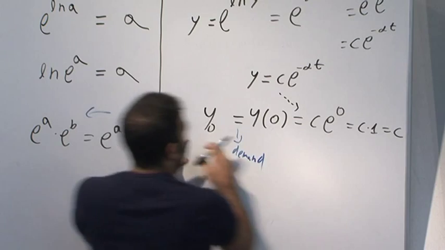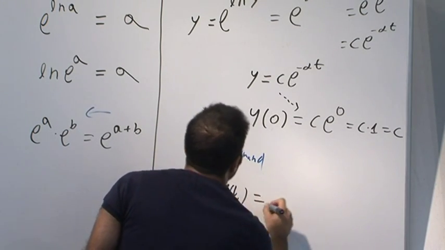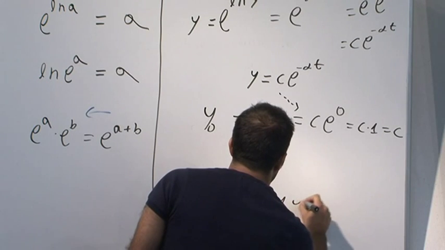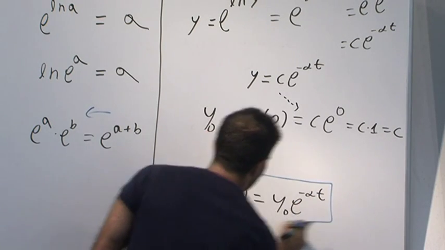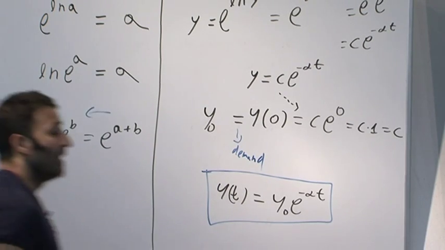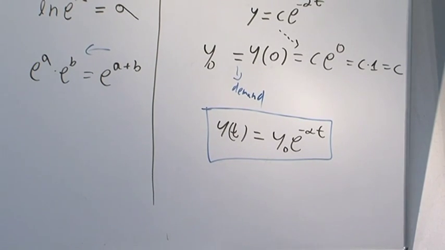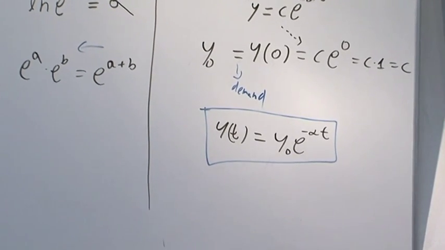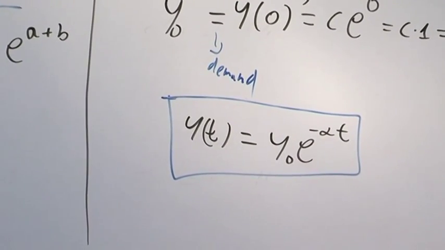So y0 equals c, and altogether we have y of t equals y0 e to the minus alpha t. And this is what we worked for. So now, if you want to know what will be the amount of protein in 2 minutes and 43 seconds, you put in t, and then you get the amount of protein.